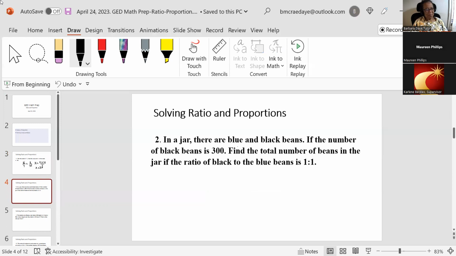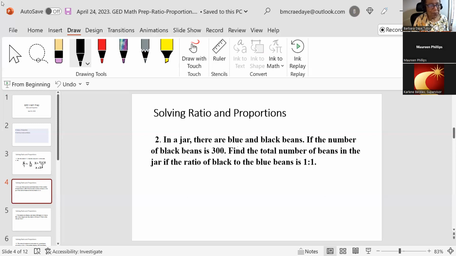If the number of black beans is 300, find the total number of beans in the jar, if the ratio of black to blue beans is 1 to 1.